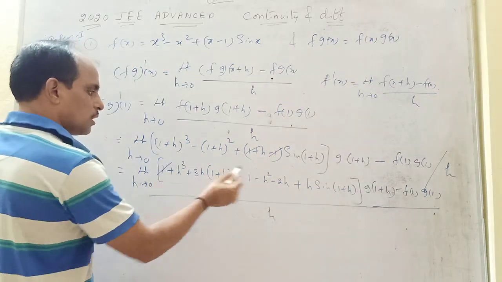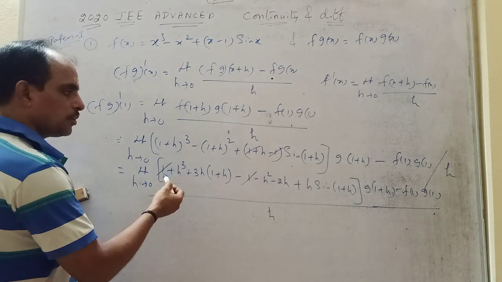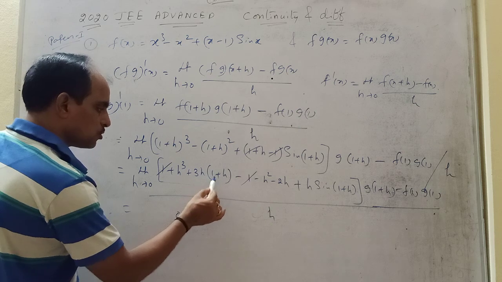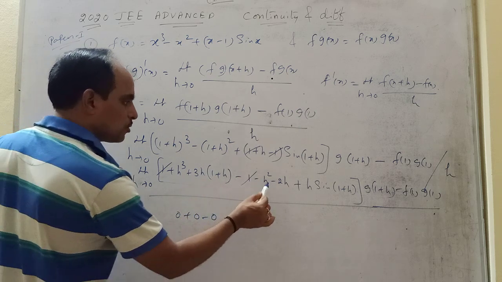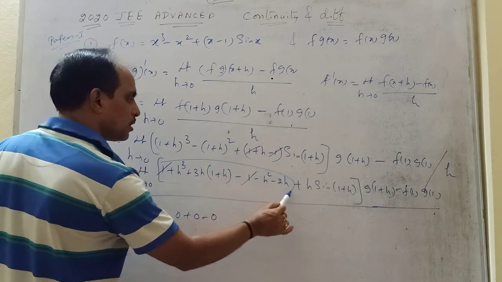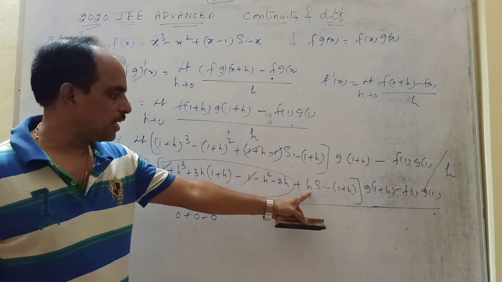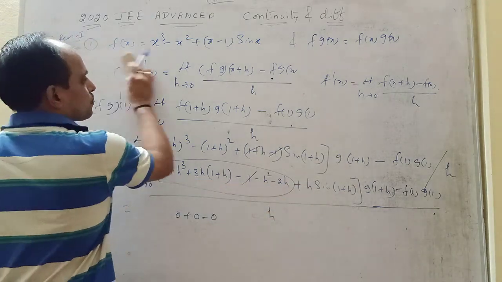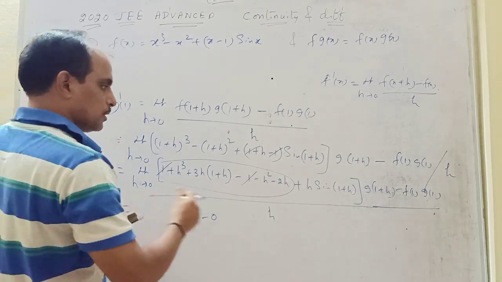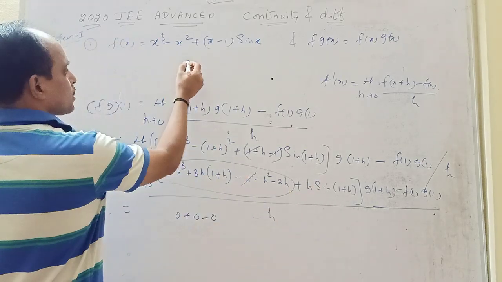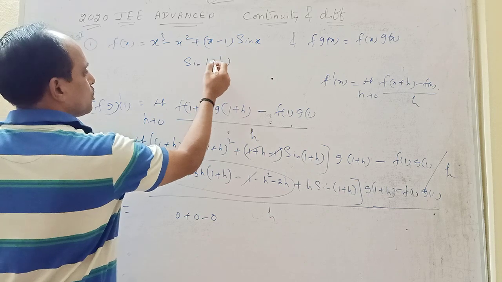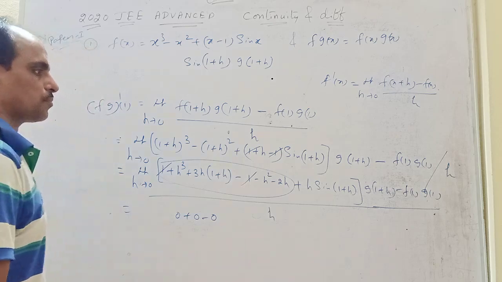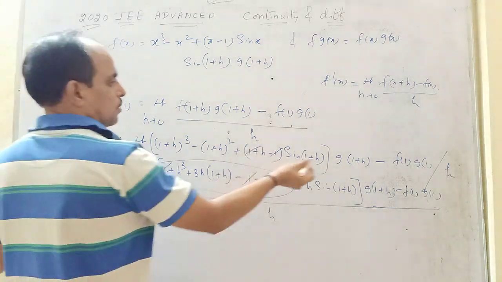Now the 1s cancel, and if you replace h with 0, all these terms become 0. Up to here all the terms become 0. Then h cancels, and you get sine of 1 plus h into g of 1 plus h, minus, what about that one?